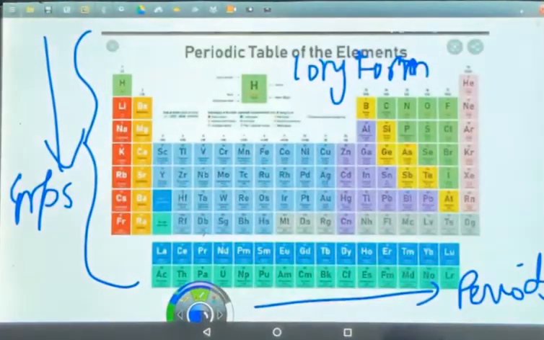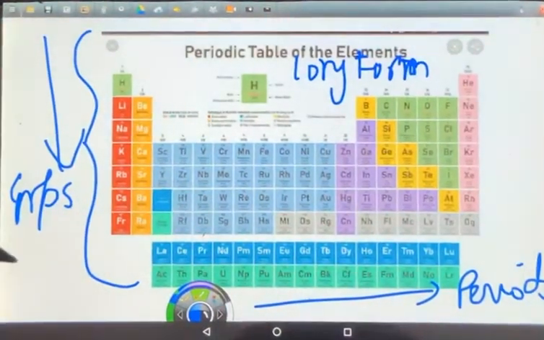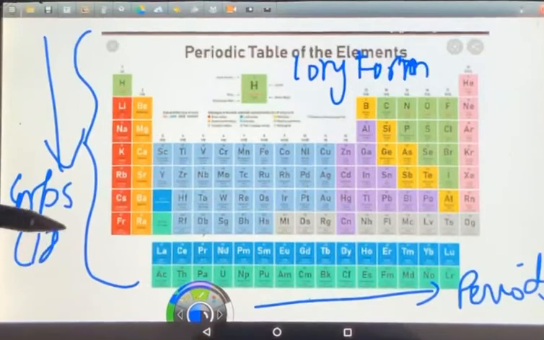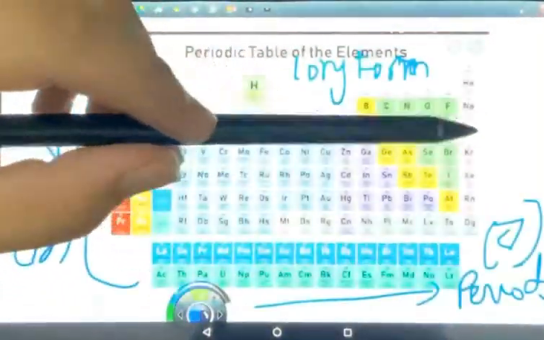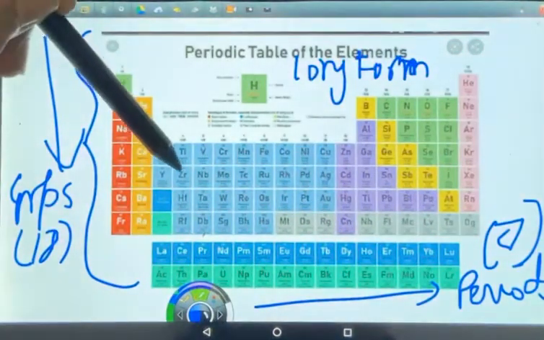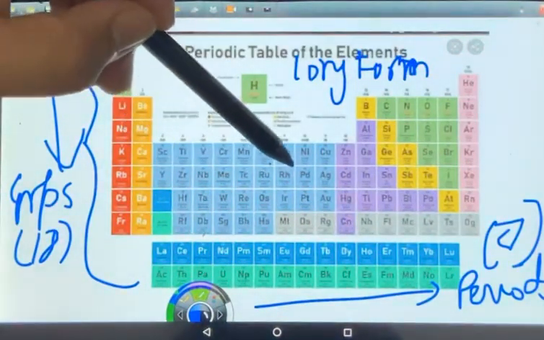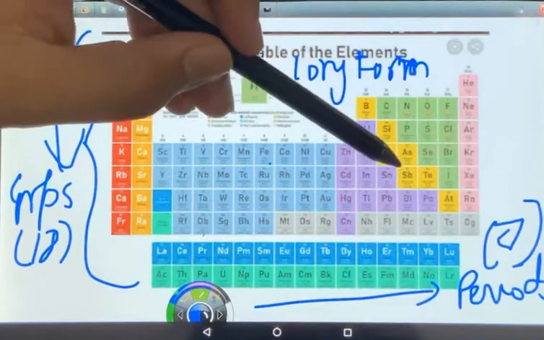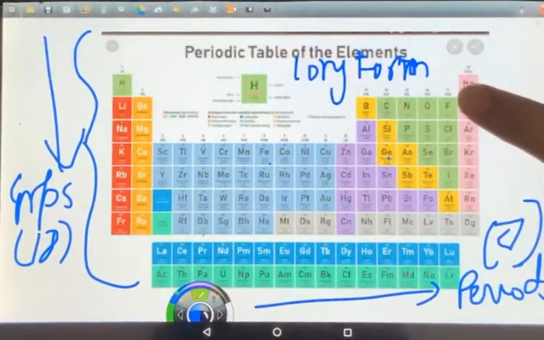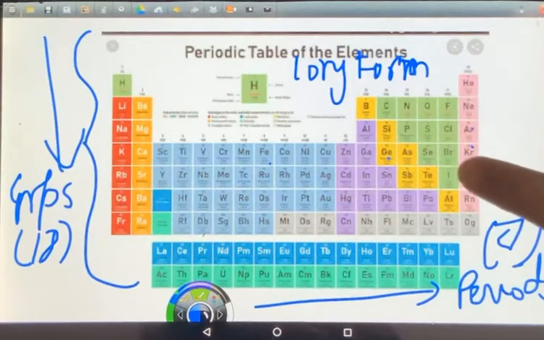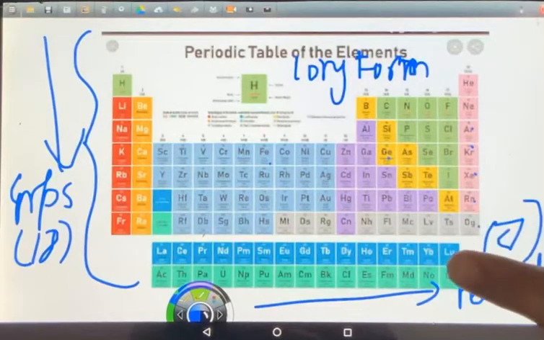So we have groups and periods in the modern periodic table. There are 18 groups and there are 7 periods. You can count 1, 2, 3, 4, 5, 6, 7, 8, 9, 10, 11, 12, 13, 14, 15, 16, 17, 18 groups. Periods start from here: 1, 2, 3, 4, 5, 6, 7, 8, 9.